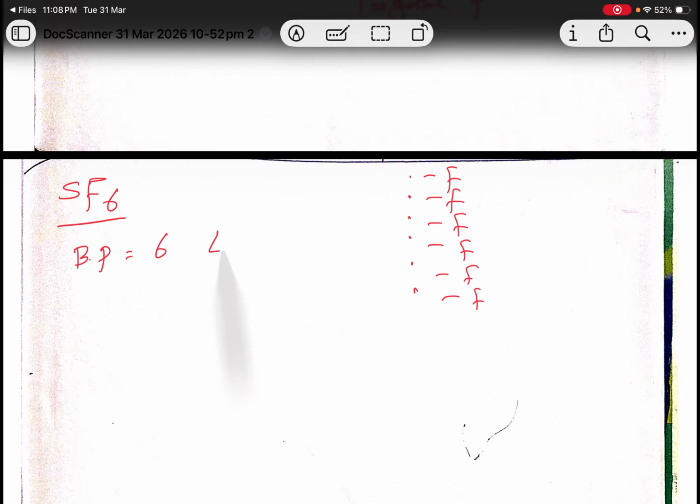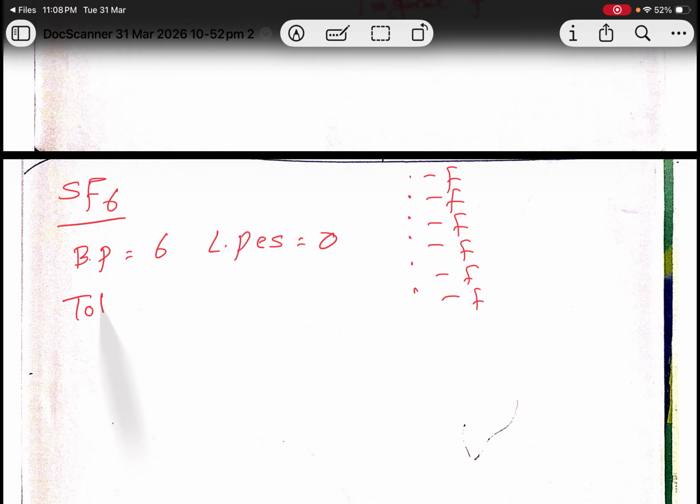For example, SF6. Sulfur belongs to the 6th group element, so it contains 6 valence electrons. 1, 2, 3, 4, 5, 6. 6 fluorines form 6 sigma bonds with 6 electrons. So 6 sigma bonds means bond pair of electrons are 6, lone pair of electrons are 0.